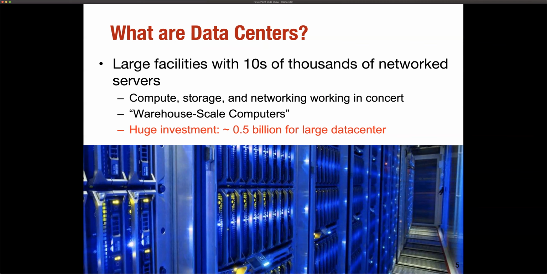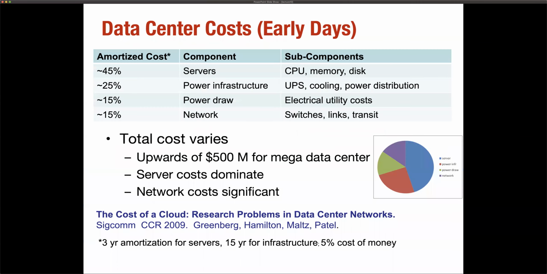Now let's try to understand where these costs are coming from. The table here shows us the amortized cost of different components in the data center networks. Note that these figures are from 2009, so they reflect the cost of building a data center back in those days, when we were not using software-defined networking. The cost was mostly spent on servers, around 45%, which includes CPU, memory, and disk.